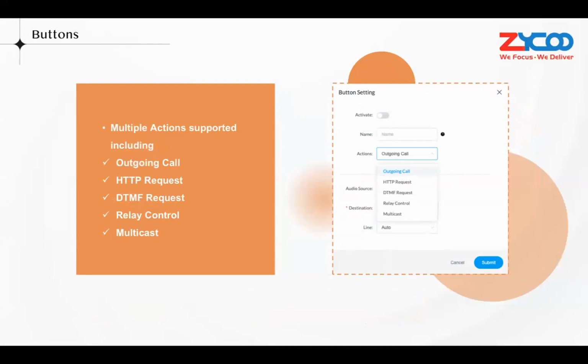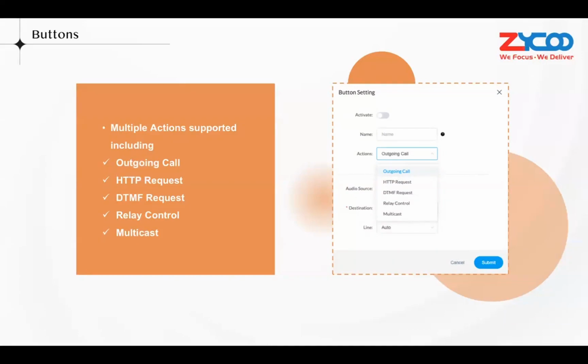For example, you can configure the outgoing call feature on a button, and then set a destination SIP account, such as a phone or a speaker. And after setting this successfully, you can press the button and easily and quickly realize the features of making calls or paging. This level of customization empowers users to tailor the M100 to their specific needs.